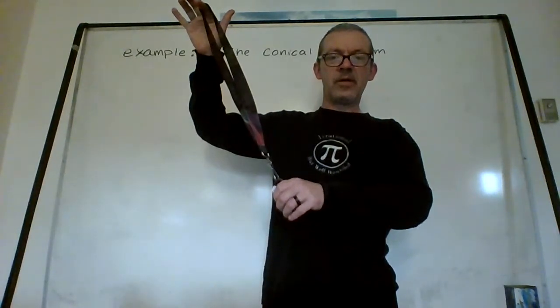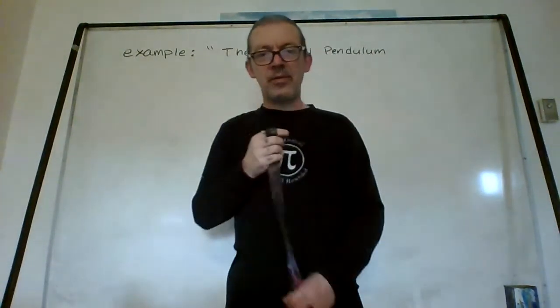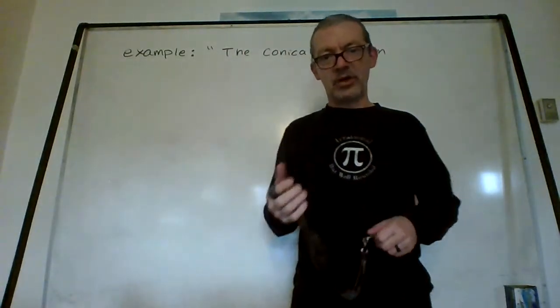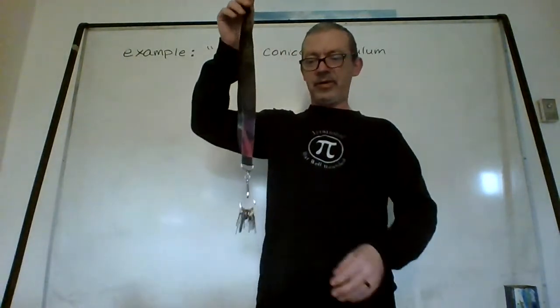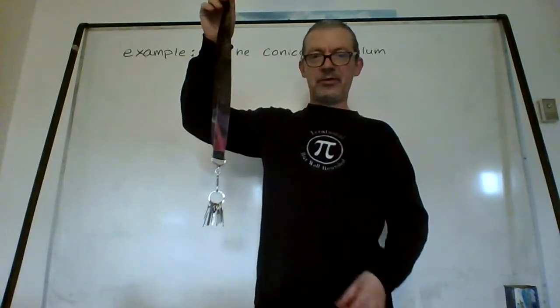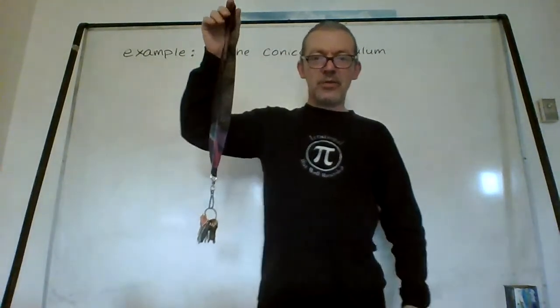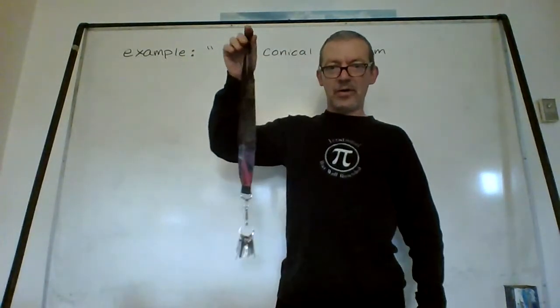One period. Now, the example we're going to do today is called the conical pendulum, and that comes from the word cone, because instead of pulling the keys off to the side, I'm actually going to get it to go into a circle, and it's going to sweep out a cone.